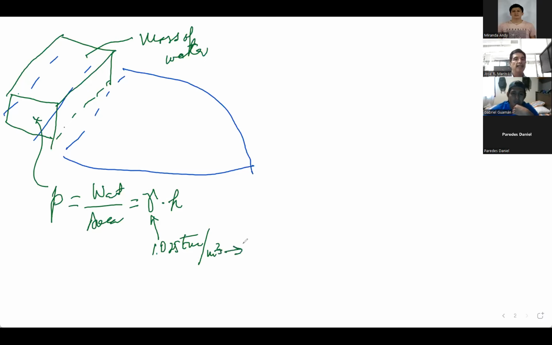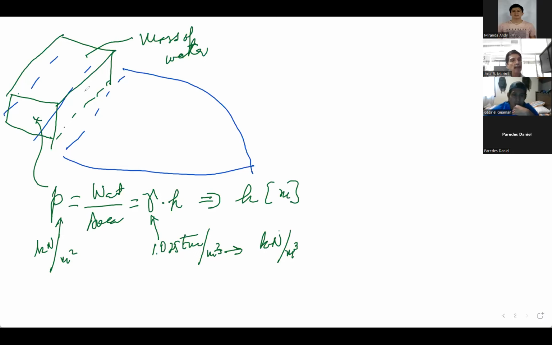We can take this to kilonewtons per meter cube. So this is in kilonewtons per meter square. So from here, we can calculate h in meters.